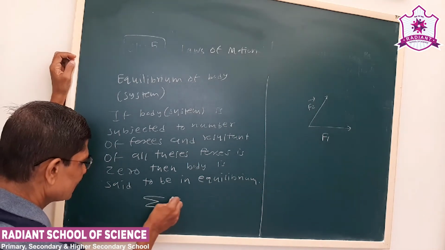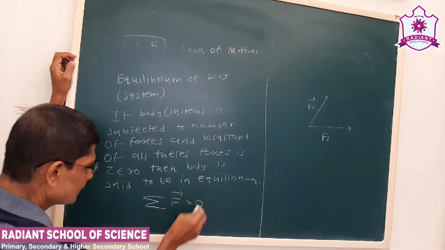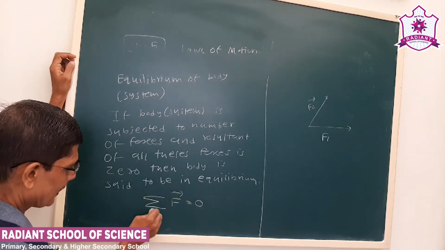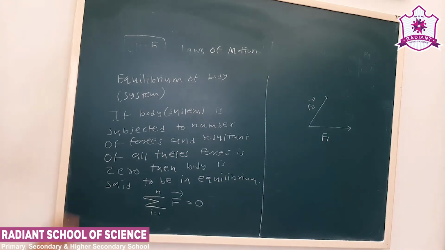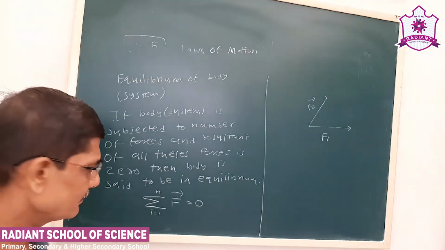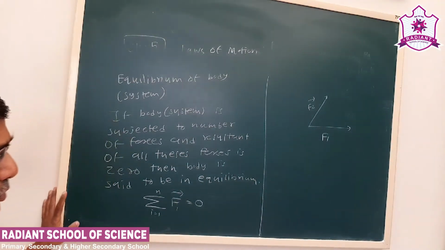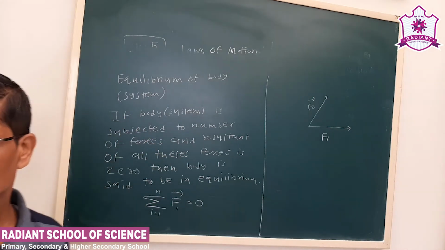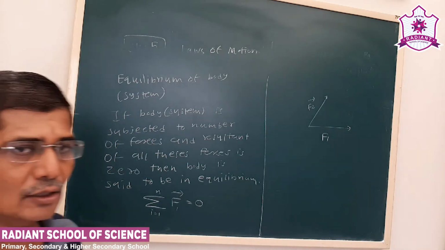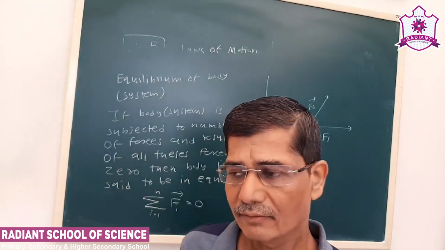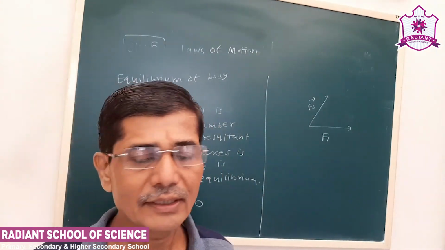In that case we can say sigma F is 0, that is, the sum of Fi for i equal to 1, 2, and so on up to the number of forces. So if the resultant of all these forces is 0, the body is said to be in equilibrium.